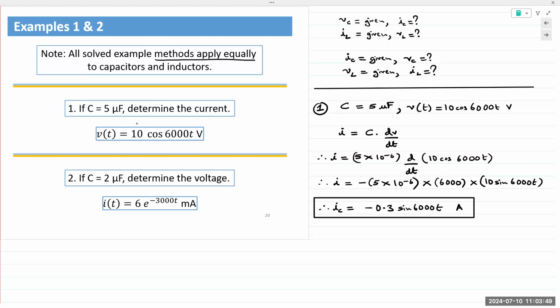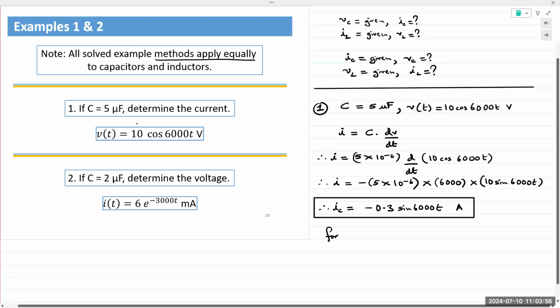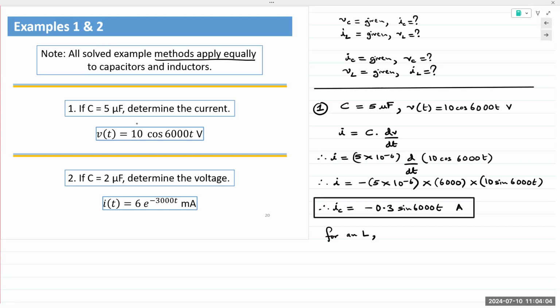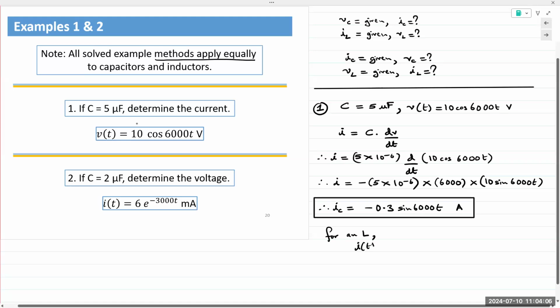The same example with the same methodology for an inductor would perhaps look like this. For an inductor, we can write that IL of t is given, perhaps as 10 cos of 6000t. And we are asked to find the voltage.